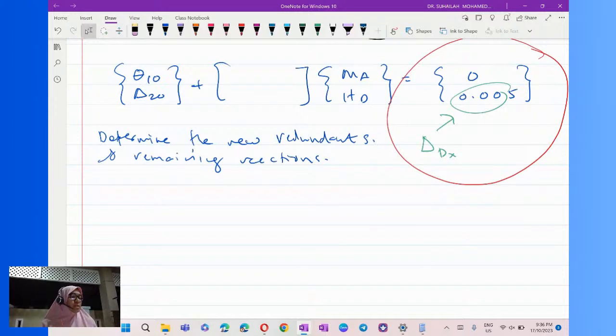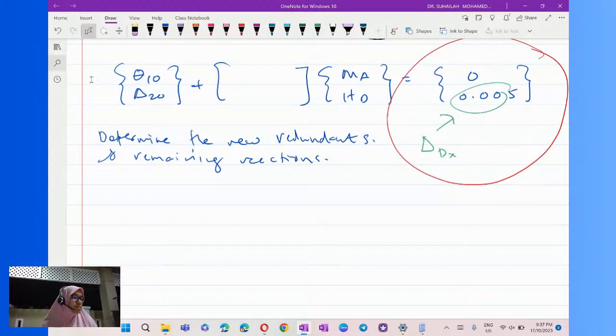Okay, this one is about the support settlement, so try to finish this by tonight. Okay, and the full solution of what you have salin from this session, I want you to upload in the OneNote. You buat tadi together with me, so you have to upload in OneNote.